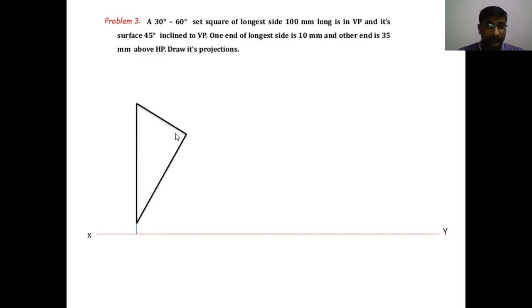That's the third corner of the set square. Therefore, this is the 30 degrees, 60 degrees set square. These two lines are perpendicular to each other: the 30 degrees line and the 60 degrees line make an angle of 90 degrees with each other. Clear?